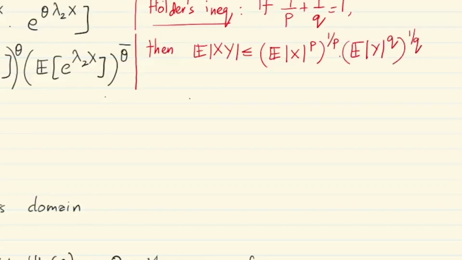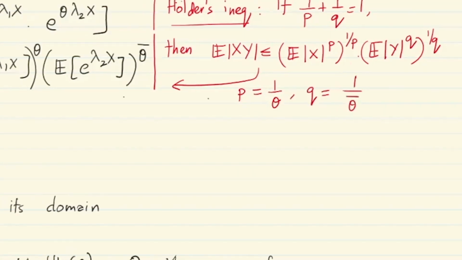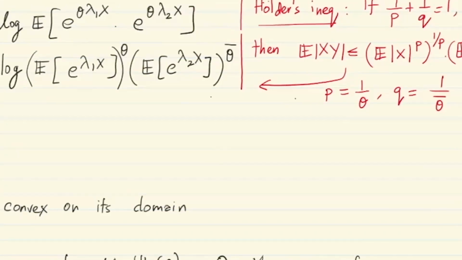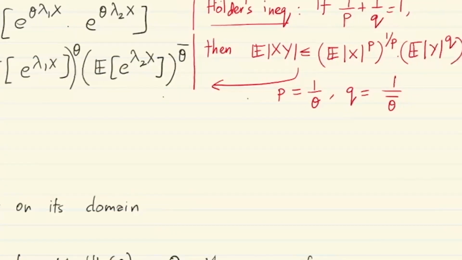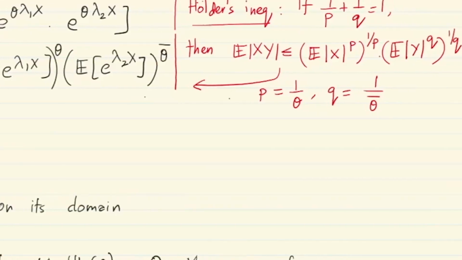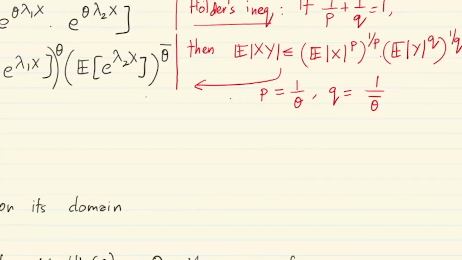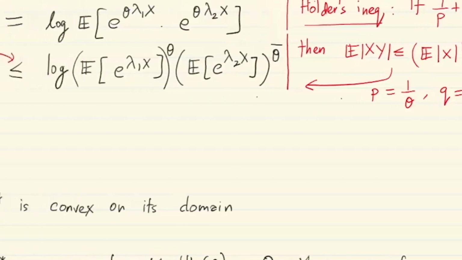Okay, so apply this here with p being equal to 1 over theta and q being equal to 1 over theta bar. Okay, so that the conditions of the inequality are satisfied, and you'll see that this is Holder's inequality. By the way, if p and q are equal to half in Holder's inequality, you get the very well known Cauchy-Schwarz inequality. So Holder's inequality is just a generalization of Cauchy-Schwarz, which you may be much more familiar with.